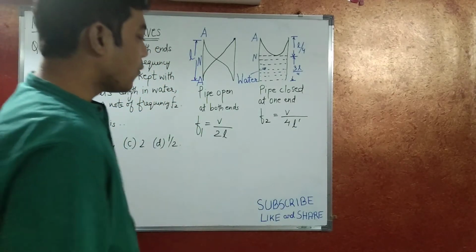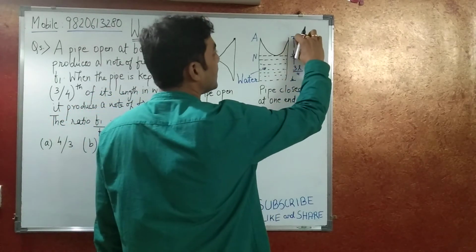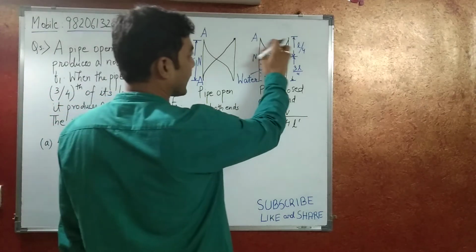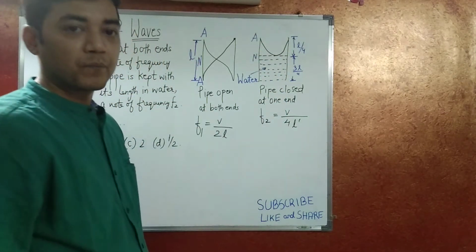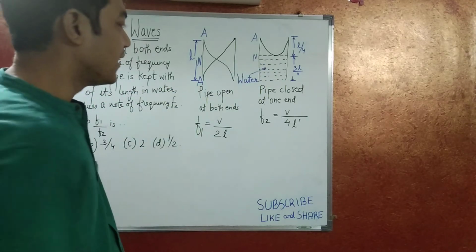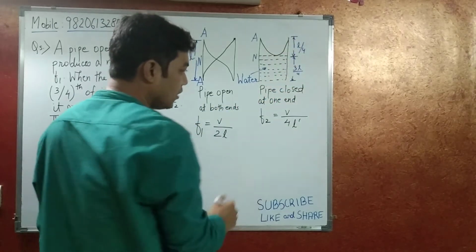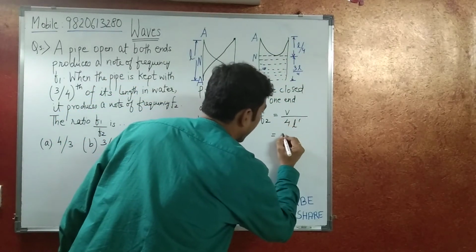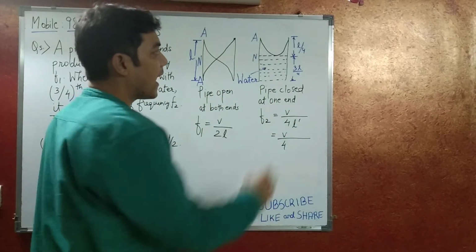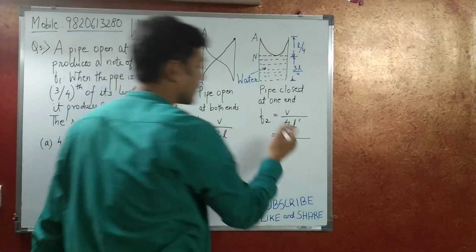Now what will be this L dash? It will be equal to L by 4. We are considering only the air column. We are not concerned with this part which is water. This much part is the length of air column. So in place of L dash, I will write L by 4, because that is the length of air column.